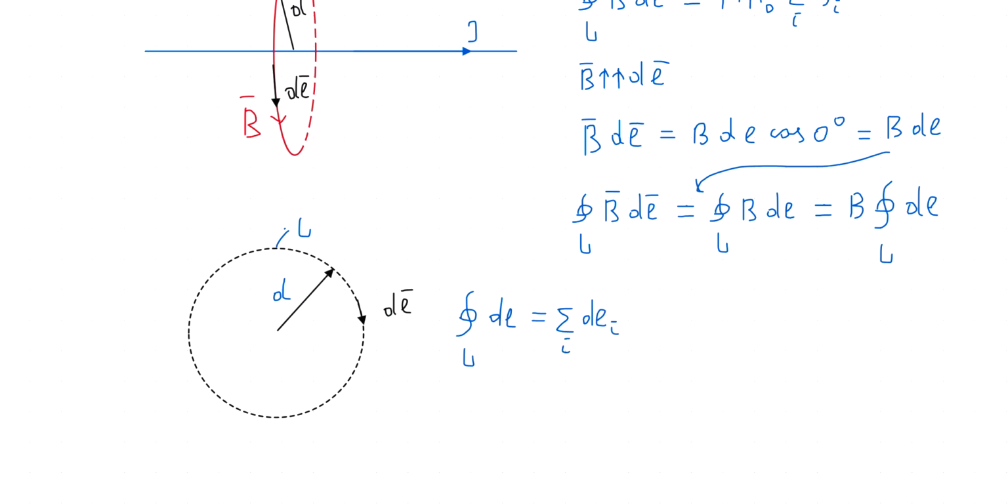Okay, and if we add all elements dl_i, what will we get as a result? What will we get if we add all parts of the circle?